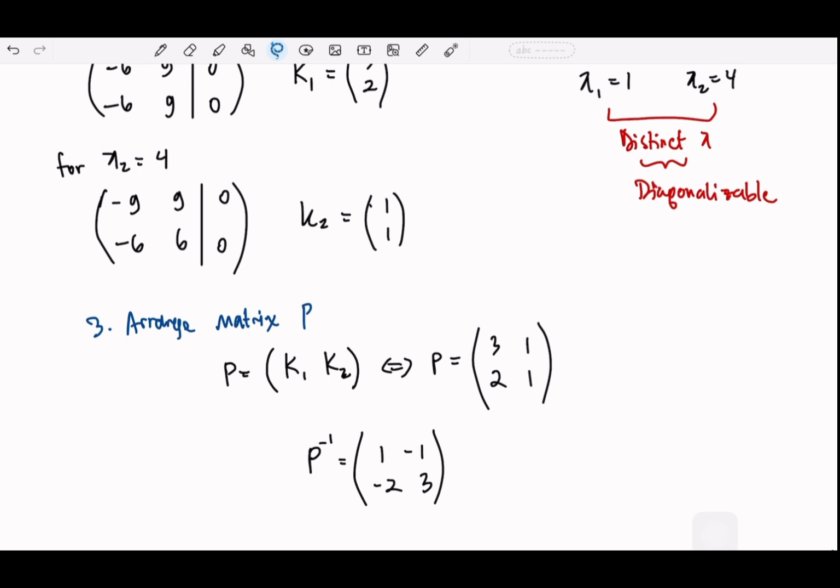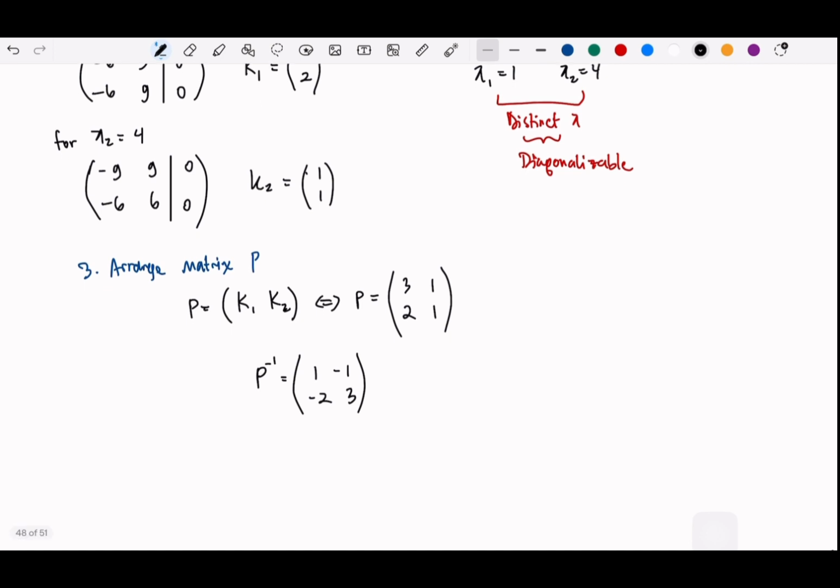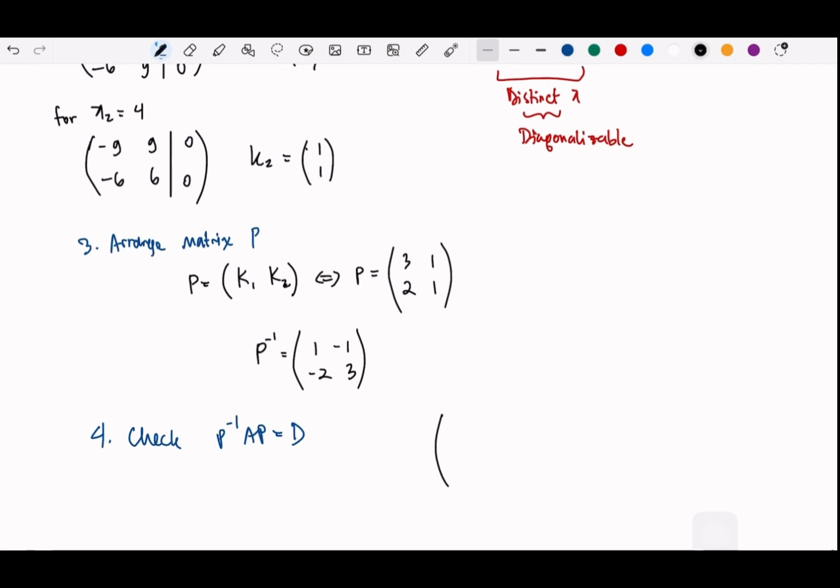So we get this as our inverse. And then we need to prove at the end, to prove that this is true, so check that P inverse AP equals D. So we check through these multiplications.